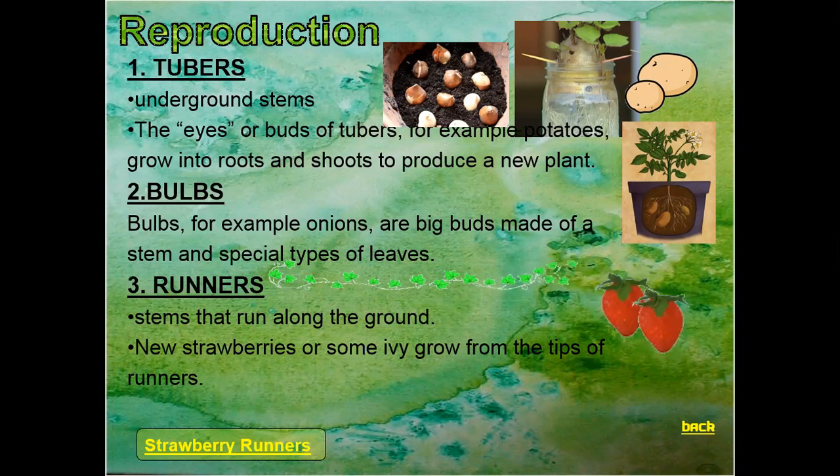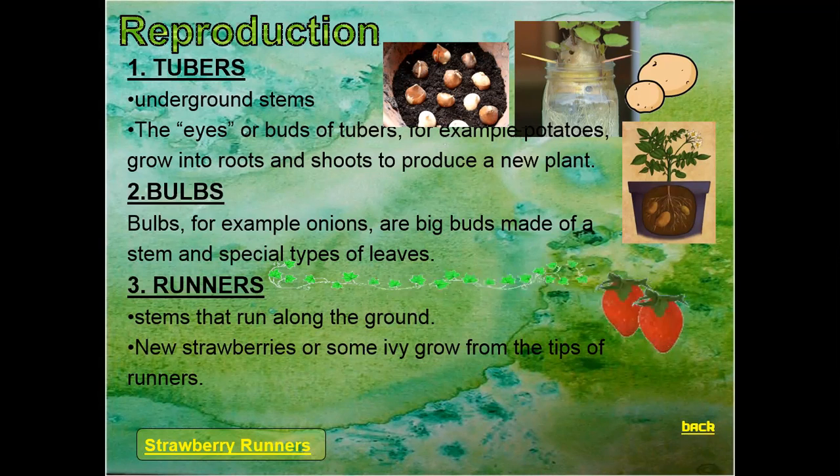Now we continue. A cutting is a part of a plant that has been cut and can produce a new plant. A cutting is a leaf or a stem. When we put a cutting into water, the roots can grow.